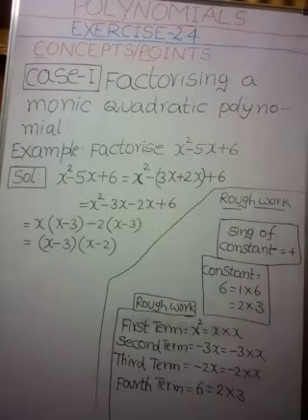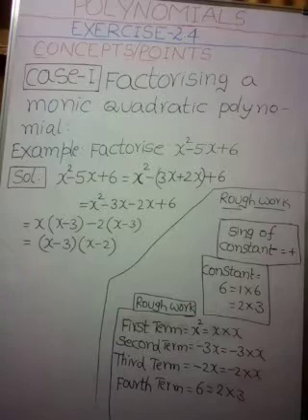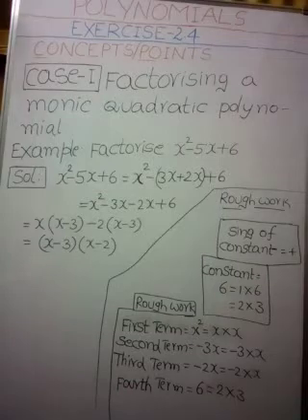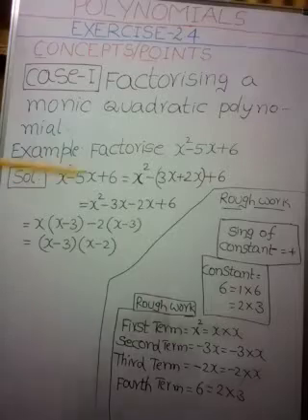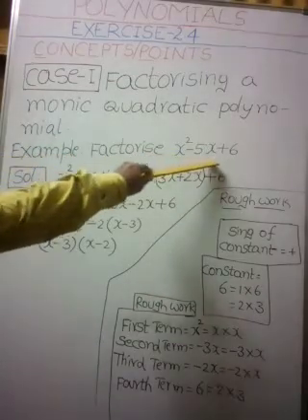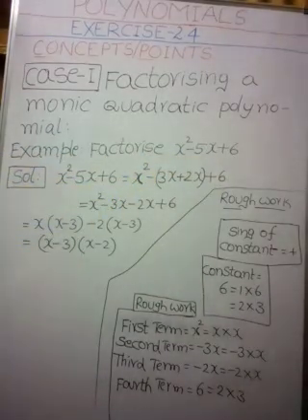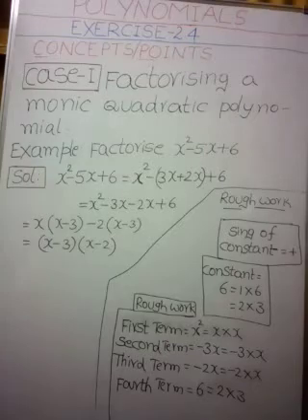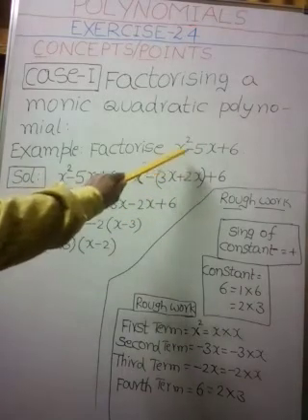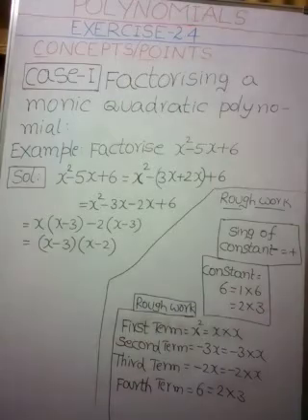We have to find out the coefficient of x square. If the coefficient of x square is 1, then the quadratic polynomial is said to be a monic quadratic polynomial. In this case, this quadratic polynomial is monic because here the x square coefficient is 1. Understood this point, my dear children?